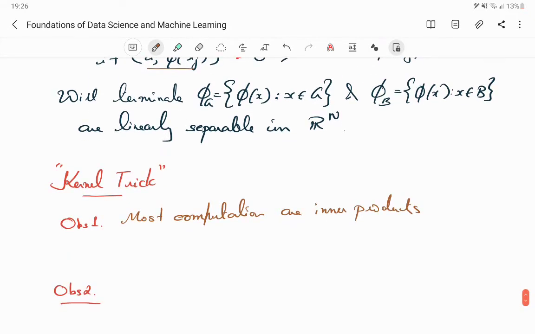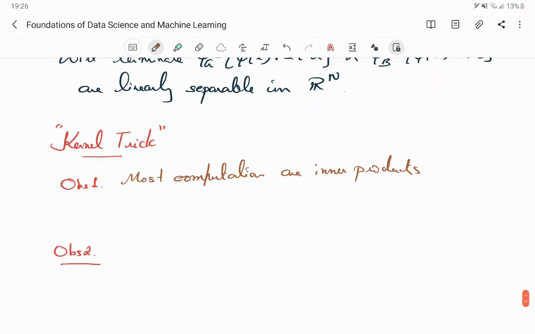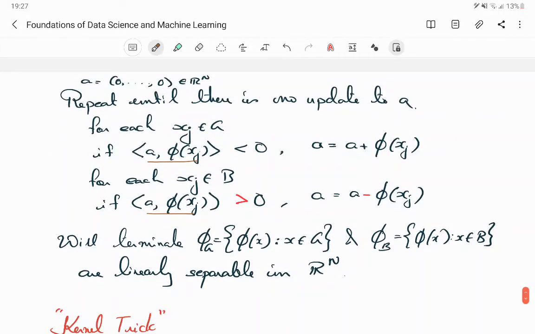Why am I saying that? Let's say most computations are inner products of the form a phi of x. One of them is phi of x, but at least we don't know whether a is phi of some other vector from the smaller dimensional space. Why? Because a started off as the 0 vector and got updated along the way.